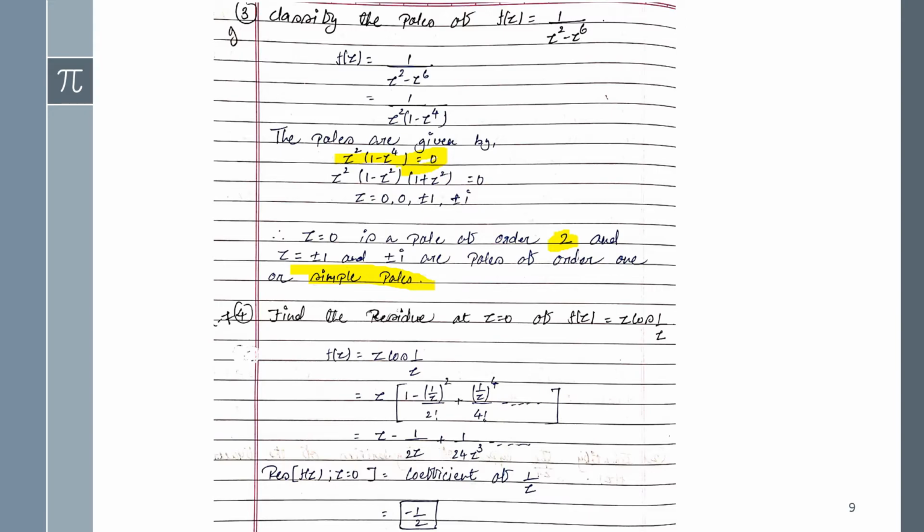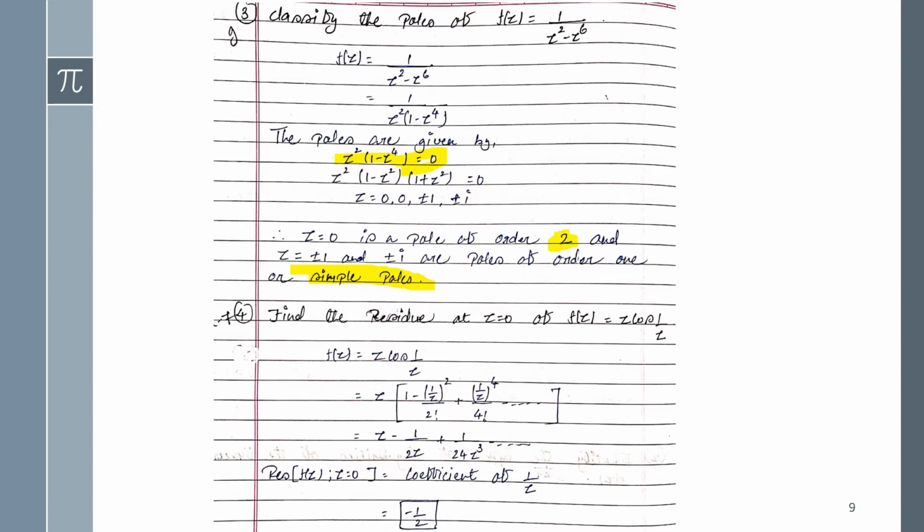And if we talk about z equals to 0, then 0 comes 2 times because 0 is a repeated number over here, right? But plus or minus 1 or plus or minus i is not repeated. Okay, so the pole at 0 will be of order 2.